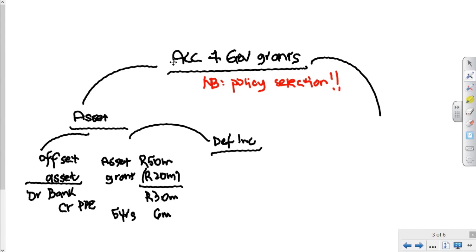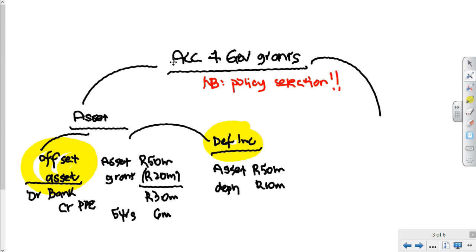So these are my two options: offset against the asset or show it as deferred income. If I show it as deferred income, then my asset will be 50 million. I will depreciate over 5 years. Depreciation will be 10 million a year. Agreed?